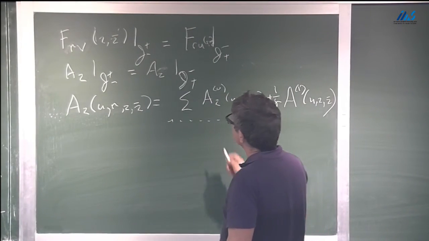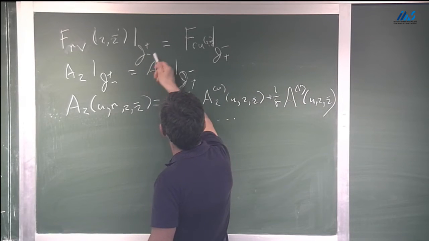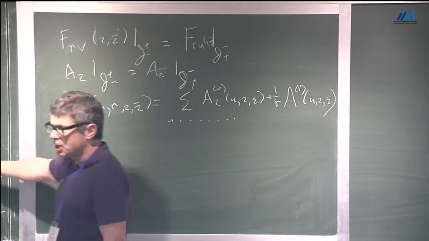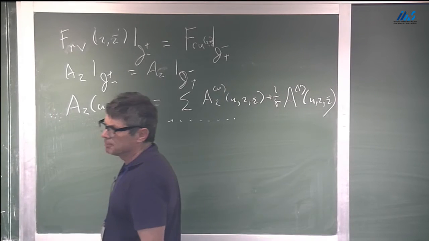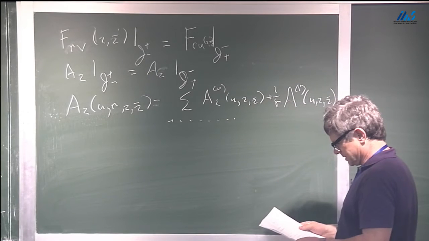Okay, and that is what I meant by this matching. I should have written this equation first. It's only the leading components, the leading non-trivial components that are identified at null infinity.